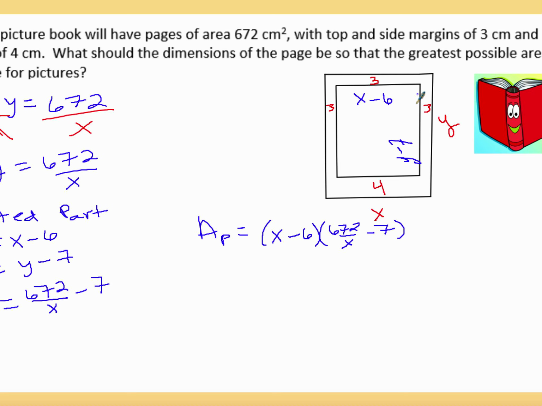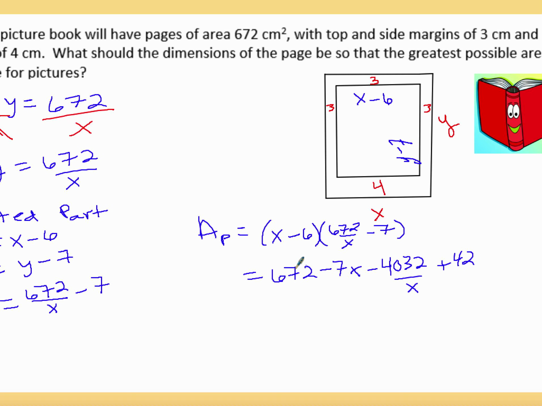We can multiply this all the way through, and I get X times 672 divided by X is 672. X times negative 7 is negative 7X. Negative 6 times 672 divided by X is negative 4,032 divided by X. And negative 6 times negative 7 is positive 42.